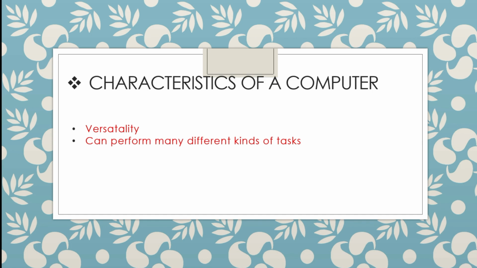At the same time, in the youth festival, she secured first for classical dance and classical music, and for the sports day, she is the sports champion. Then we can call that student a versatile student with different types of talents. Like that, a computer can perform different kinds of tasks. So, a computer is called a versatile machine.